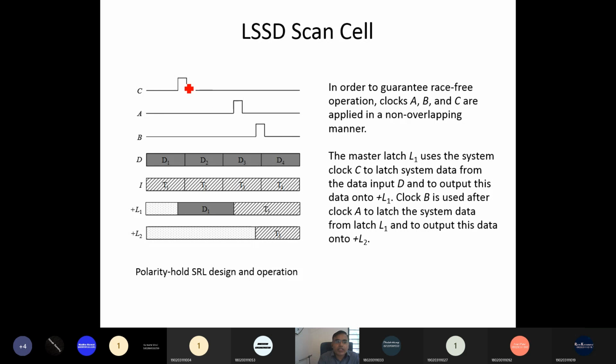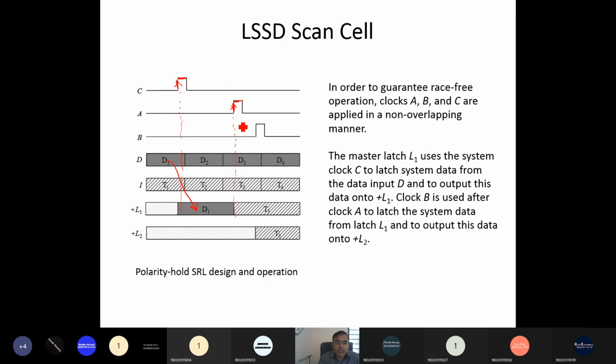So here you can see when the clock C is equal to high, it transfers the data D into the L1. At that time, whatever the data D is, it is loaded into the L1. And when the clock A is equal to high, it transfers the I. Here it is not edge triggerable, it is level triggerable.